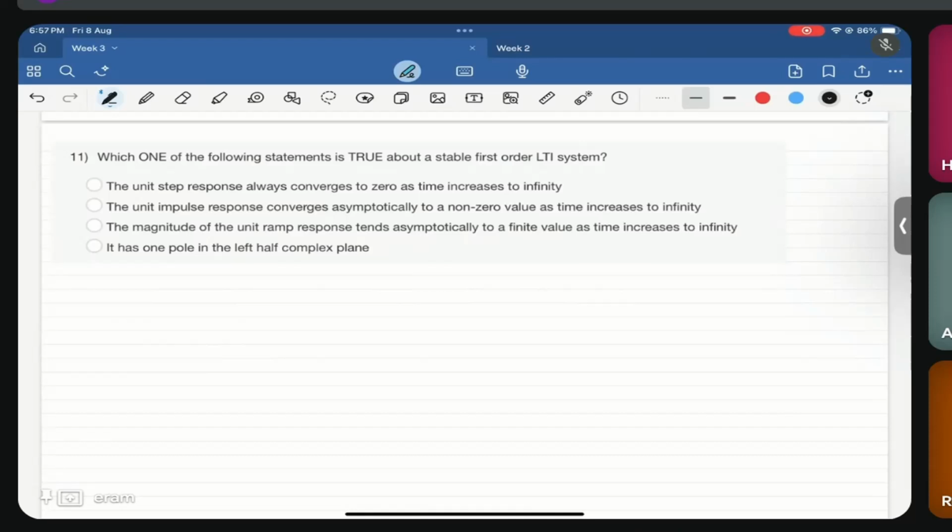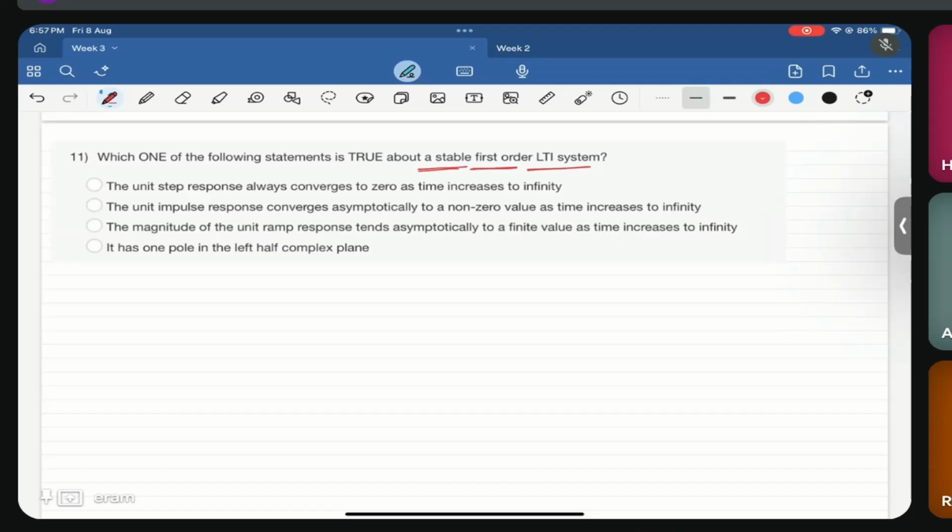So the next question is: for a stable first order linear time invariant system, which among these options is correct? What are the keywords? We have a stable first order LTI system. So the system is linear time invariant, first order, and it is stable.